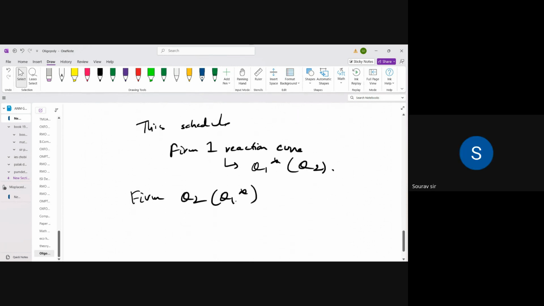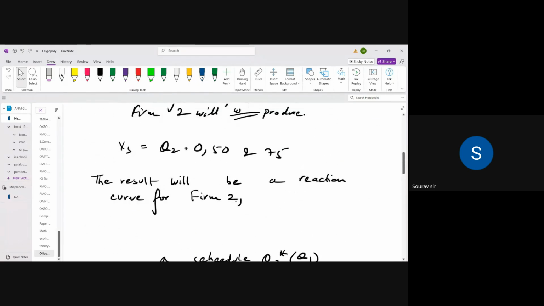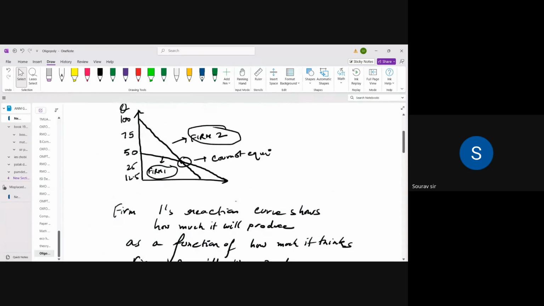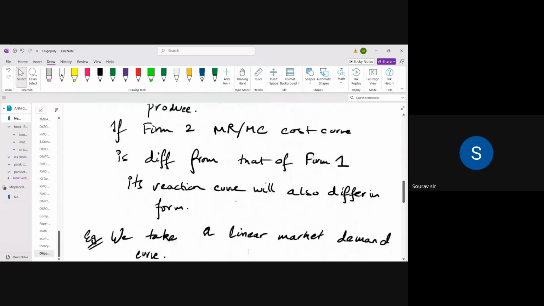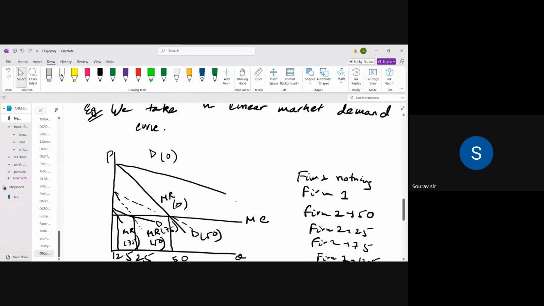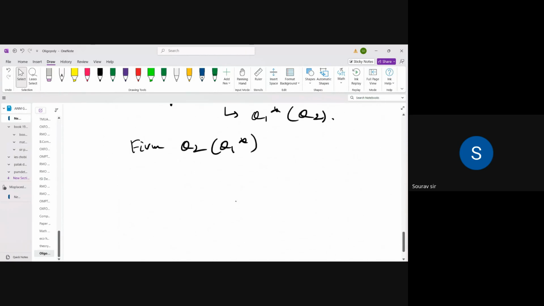Okay. Now let us do the question. Let us consider a linear demand curve. Since perfect competition, monopoly and oligopoly are basically sums based, and then you are having game theory, we need to do this properly.